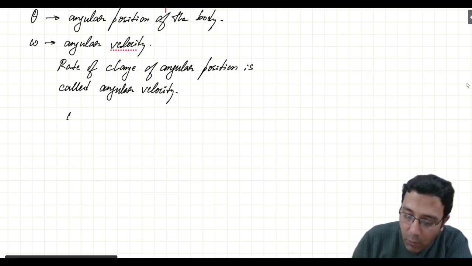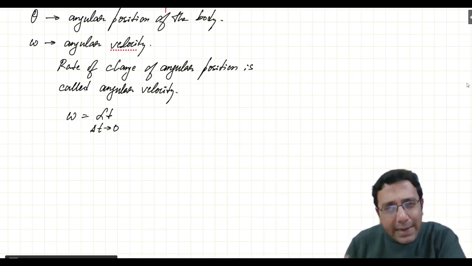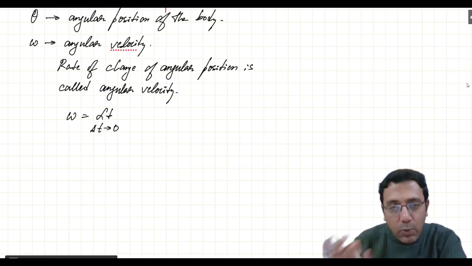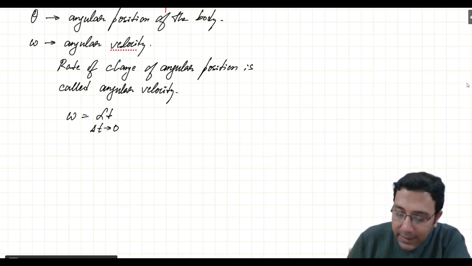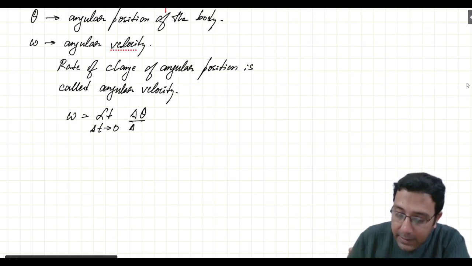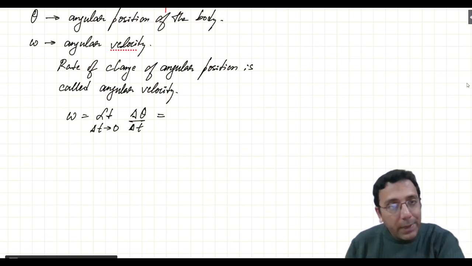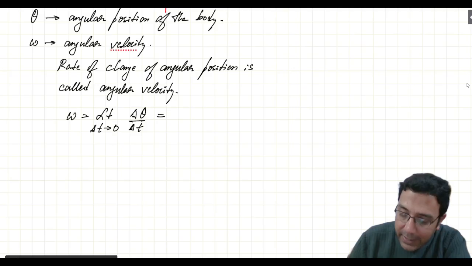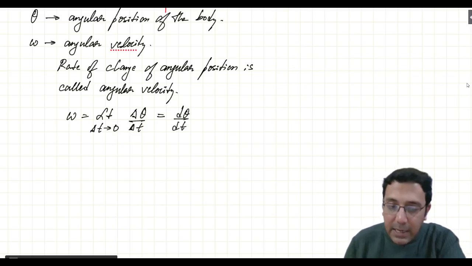It will be defined as omega equal to the limit as delta t tends towards 0, that is an infinitesimally small time, of delta theta, the incremental position change, divided by delta t. This is the very definition of a differentiation. We can also write it as d theta by dt. So omega can be written as d theta by dt.